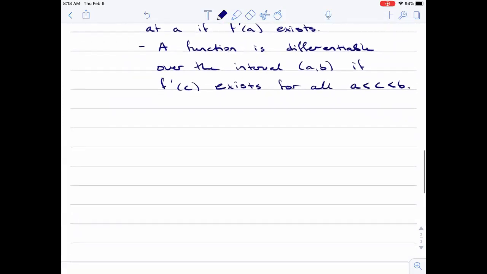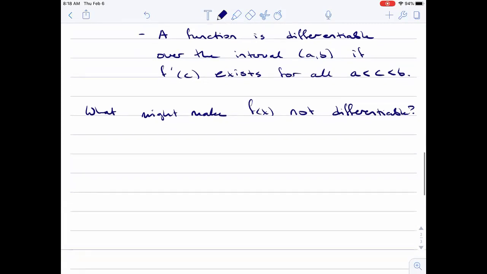But let's have a look at what might make f of x not differentiable. I don't know why my phone keeps joining in this game.